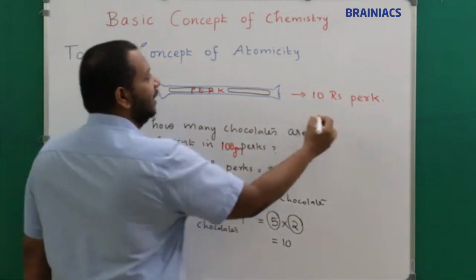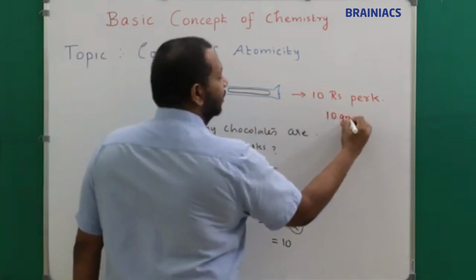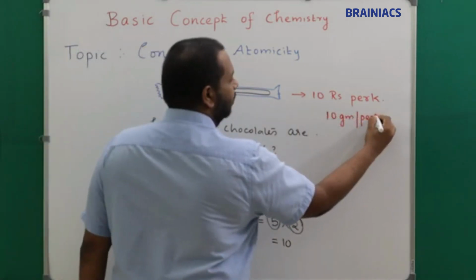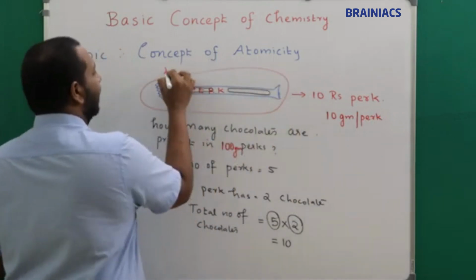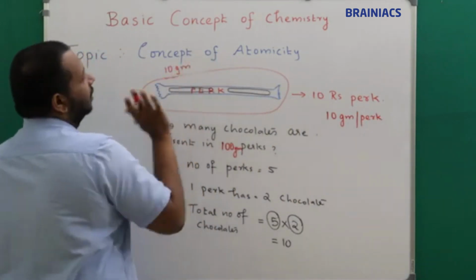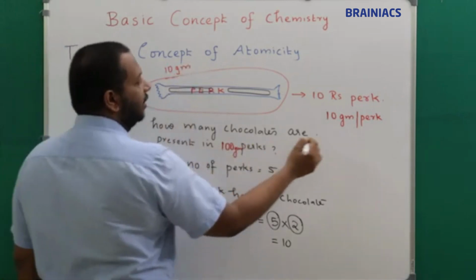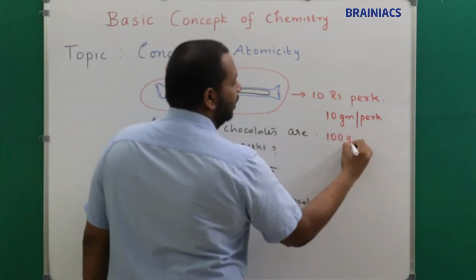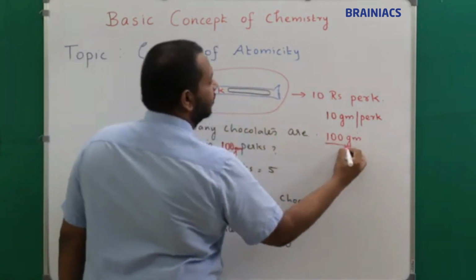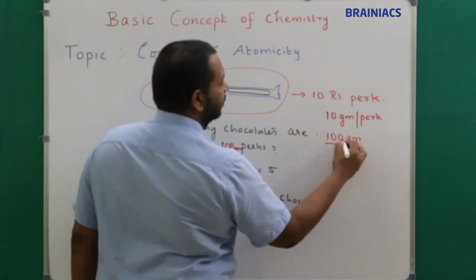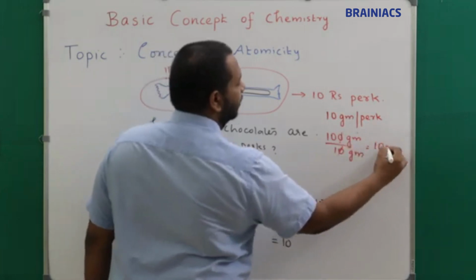Suppose you know that 10 gram is written on the packet, that is, the whole pack is 10 gram. So 100 gram can be divided by 10 gram to get the number of packs, so it is 10 packs.